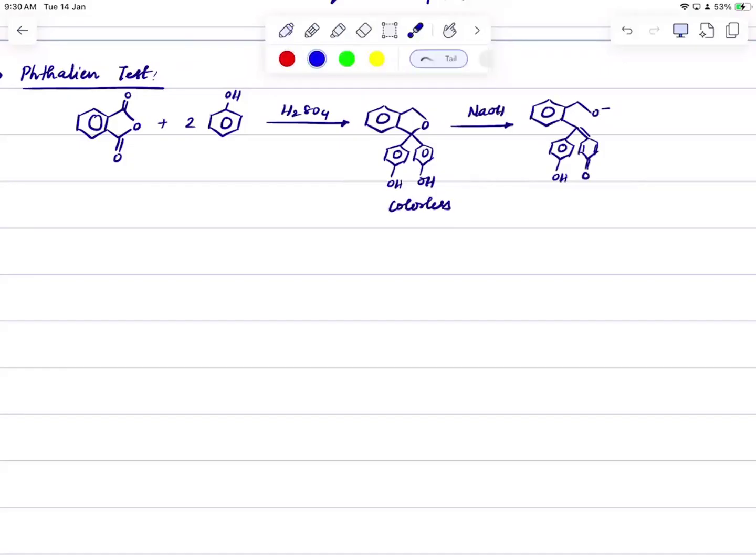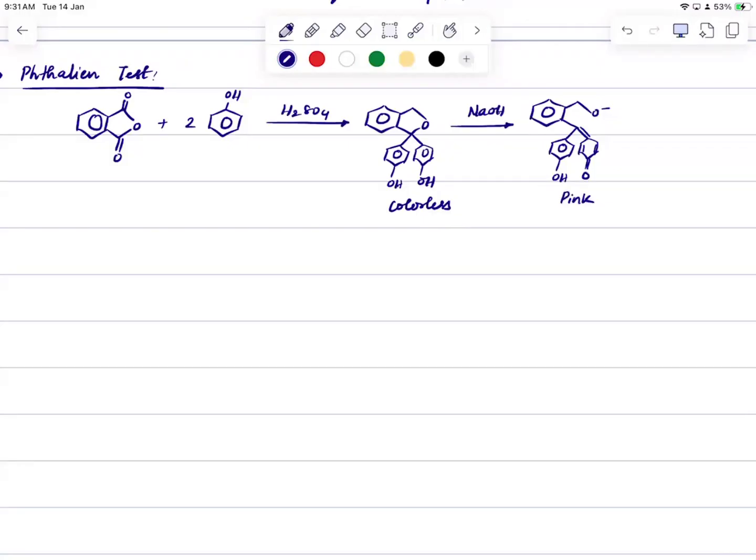So what is that? This is a non-benzenoid form. From benzenoid form, if you convert it to a non-benzenoid form, definitely there is a change in color. So this will remain pink color. This will be the pink color observed. So both structures are important.